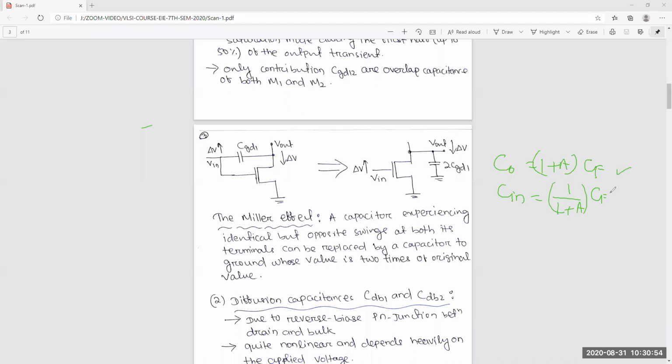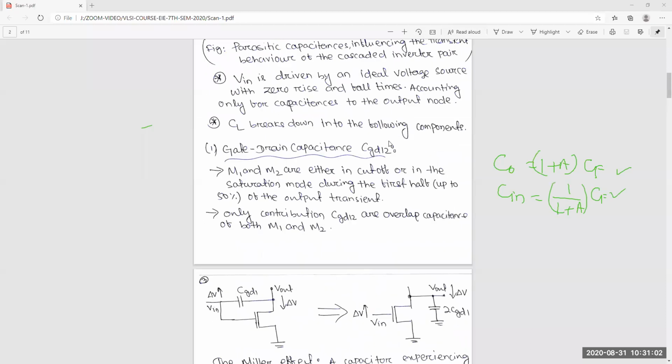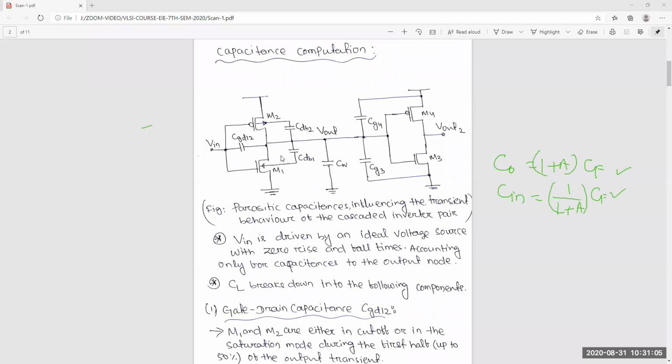That's why you get more capacitance at the output. So if you see here, this part is connected to the output node, so 2 times of this part will add to the output. So this is one capacitance.